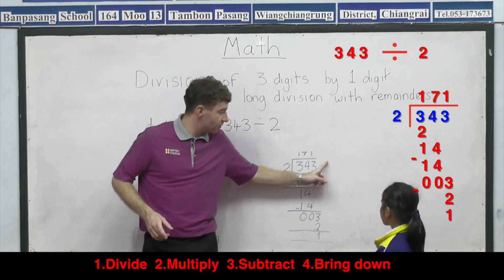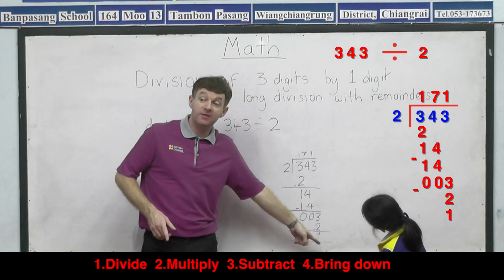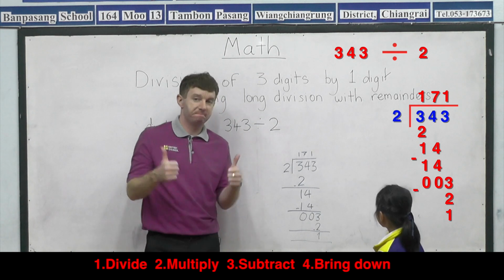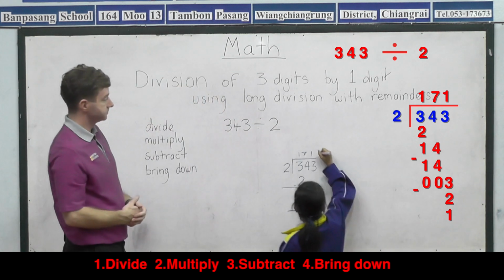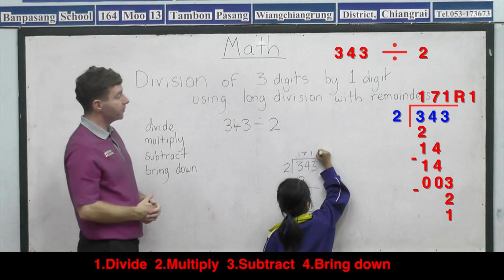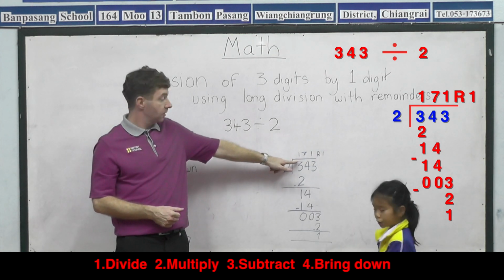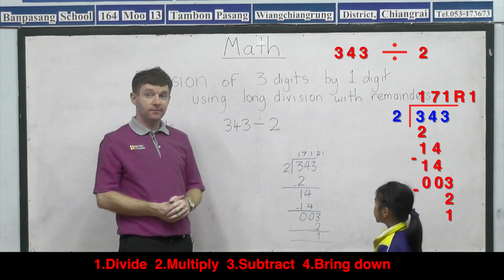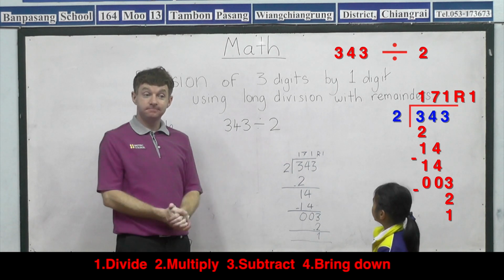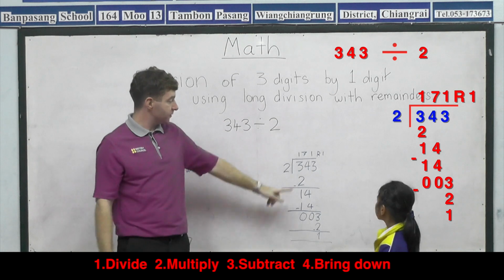And we're at the end of our number. We have no more numbers to bring down. What do we do with number 1? R1. Perfect. So we can say 171 remainder 1.